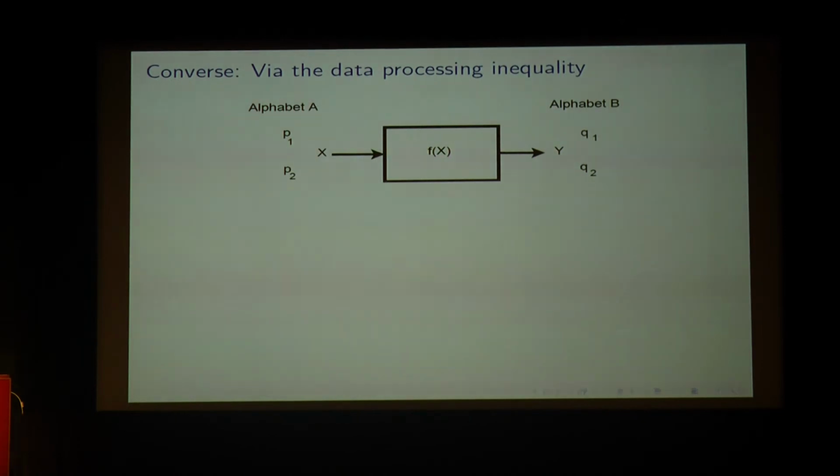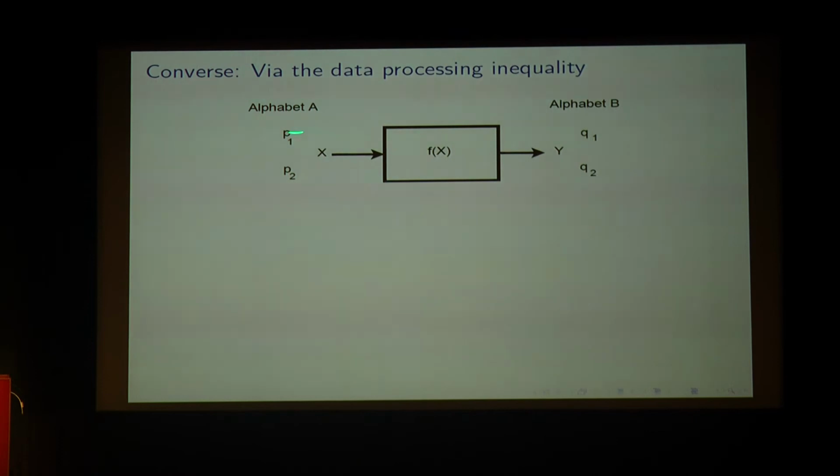Okay, so mostly I'm going to focus in this particular talk on the converse. That means no matter what policy you take, you're going to take at least this much amount of time. Okay. And so the way we'll do this, like most converses, is to use the second law of thermodynamics for information processing. What this data processing inequality says is that let's say you have a random variable X and you're trying to distinguish between these two distributions.